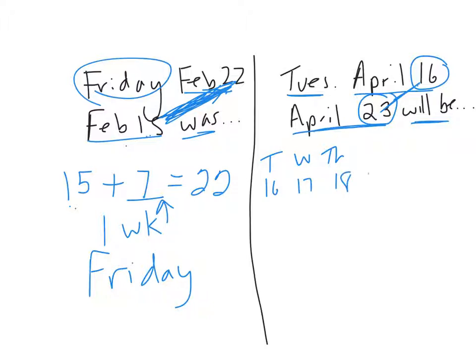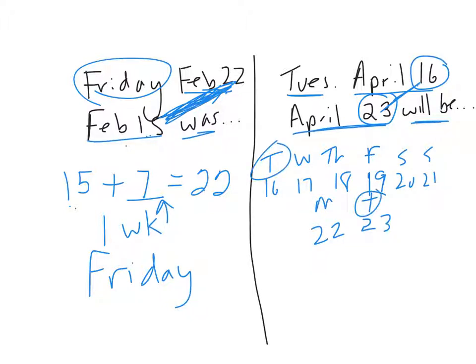Actually, I should be writing the dates here first. 19, 20, 21. I'm going to run out of space. 22, 23. Tuesday, Wednesday, Thursday, Friday, Saturday, Sunday, Monday, Tuesday. Well, look at that. Tuesday to Tuesday. Why is that? Because 16 plus 7 is 23.